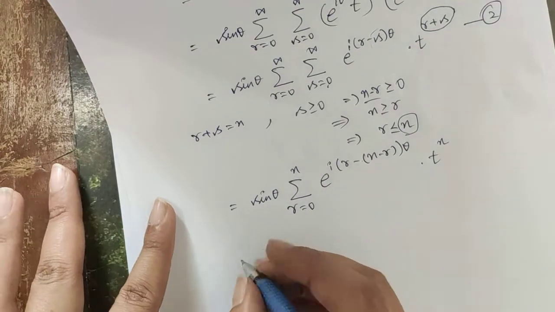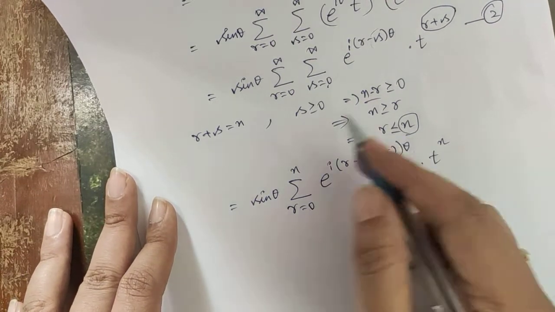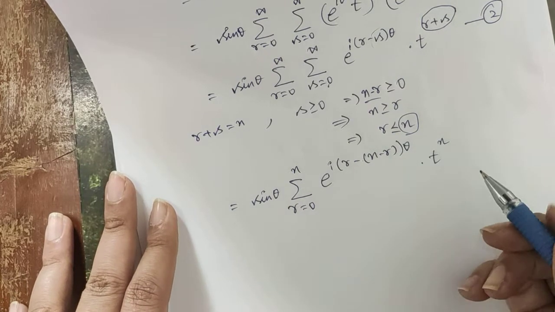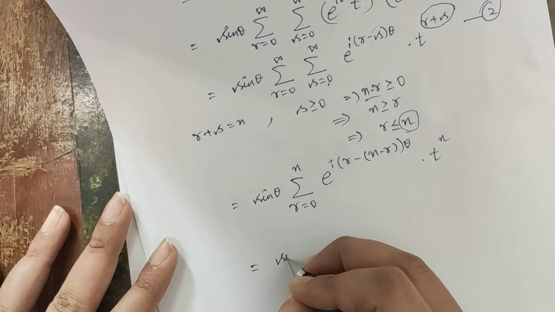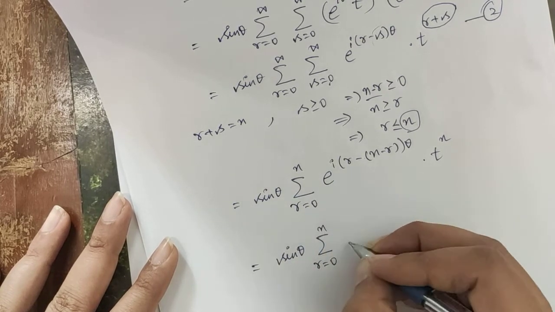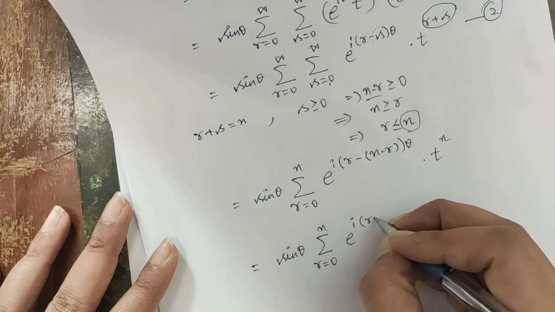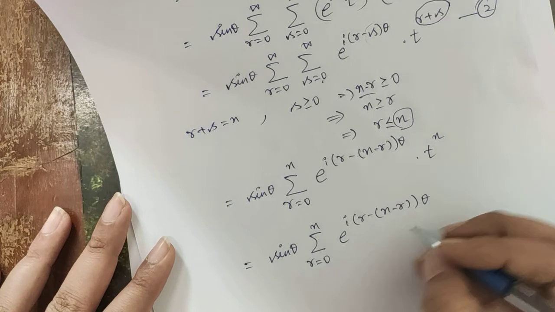Right? So now let us consider only the coefficient of t power n. If I consider only the coefficient, I will get sin theta into summation r is equal to 0 to n, e power i into (r minus (n minus r)) into theta.